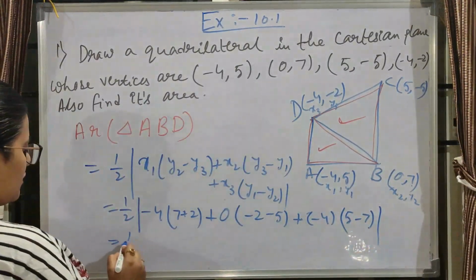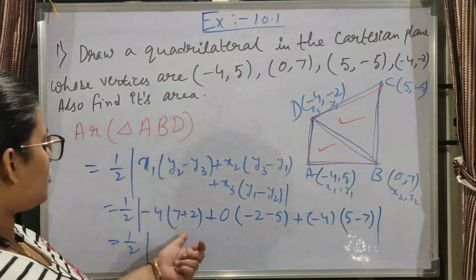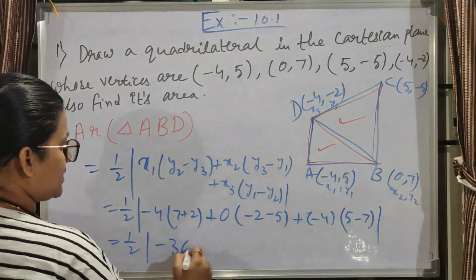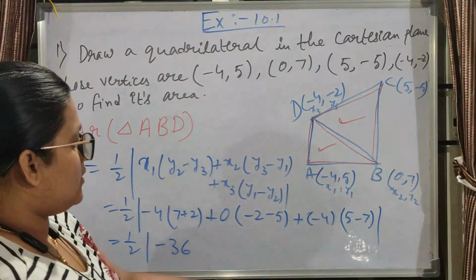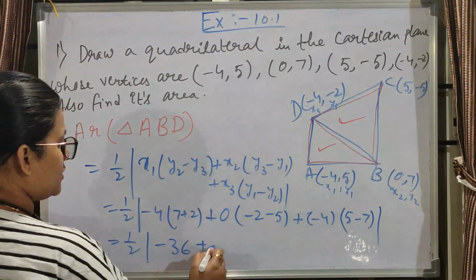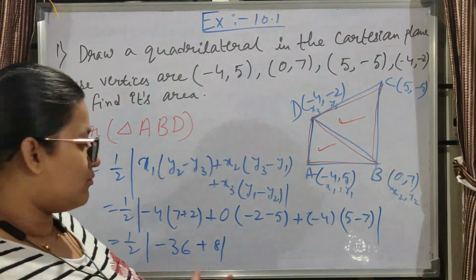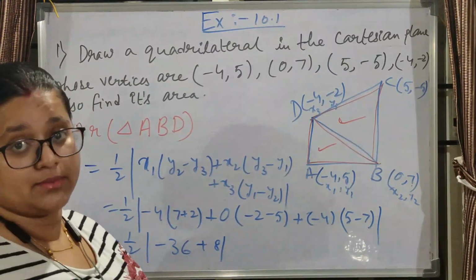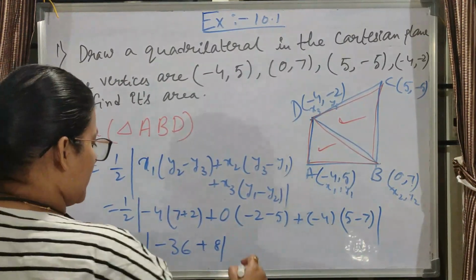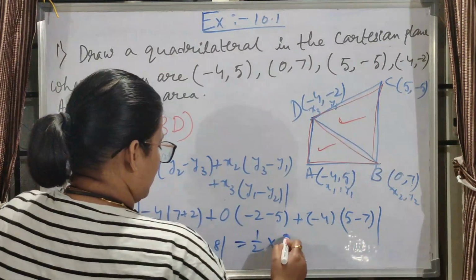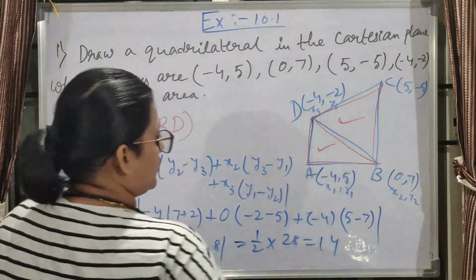Okay, so this is 7 plus 2, 9, minus 36. This will be the 0 minus 2 into minus 4, so minus 28. Modulus is there, so the value will become positive. We will take the absolute value. So half into 28, that is 14.